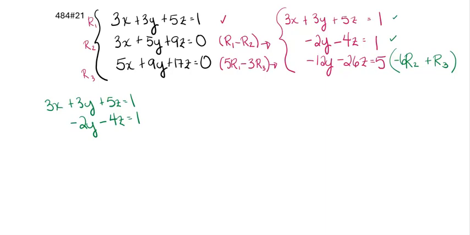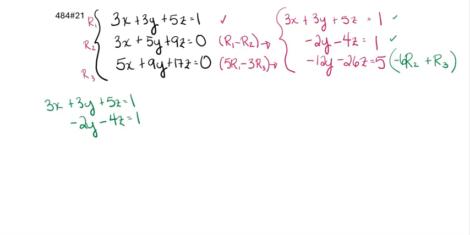So negative 6 times negative 2 gives me positive 12y, and positive 12y plus negative 12y is 0. So I don't need to represent that. I don't need to put anything there. But then I've got to finish it out. Negative 6 times negative 4 is positive 24.